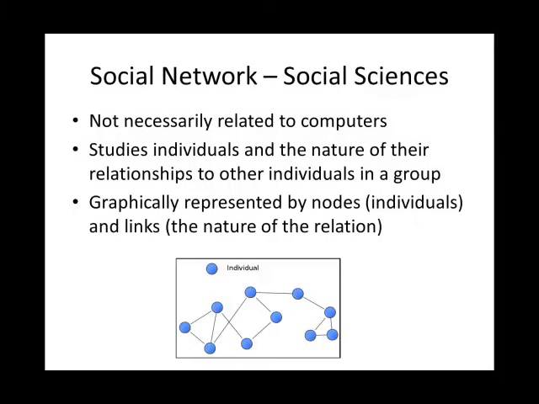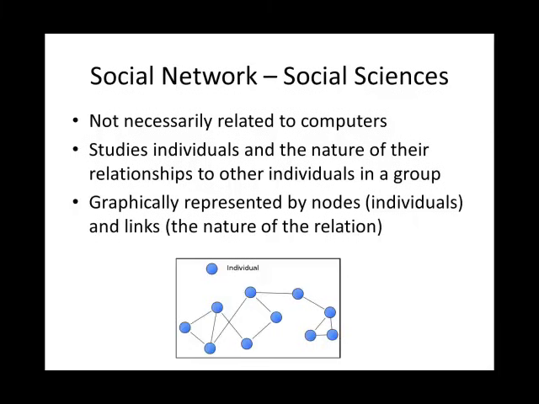If you look at the little diagram down here, the little blue balls are individuals, and you can see that those individuals are linked to other individuals, or not linked, as indicated by the lines. Those are the link lines. You can see that there are a couple of cases where two people are linked. The interaction between two people is sometimes referred to as a dyad, between three people as a triad, and then it goes out from there.